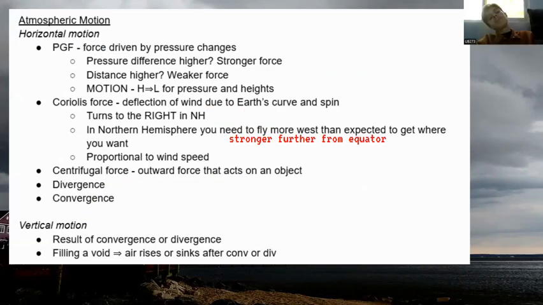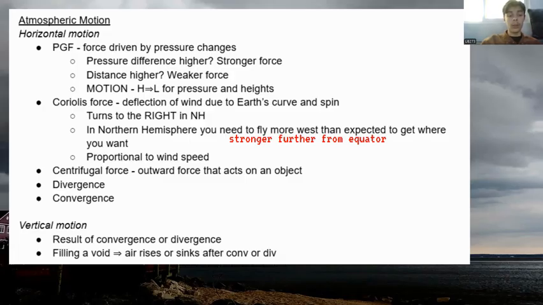So now let's switch over and talk about some atmospheric motion. So we can have horizontal and vertical motion. So for horizontal motion, let's first talk about the pressure gradient force, PGF. This is a force that happens because of pressure changes.